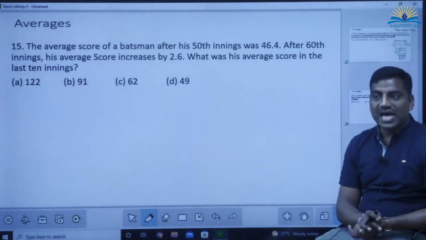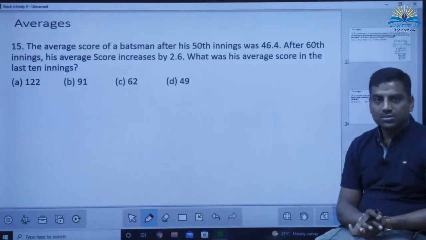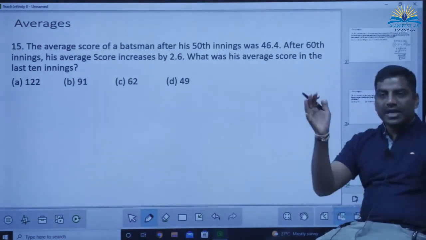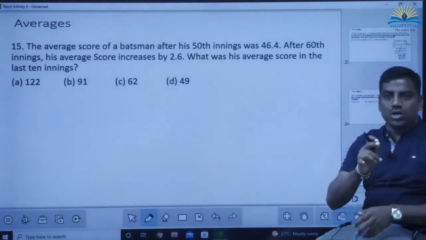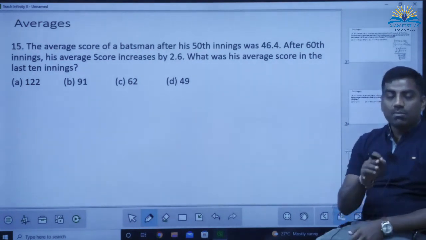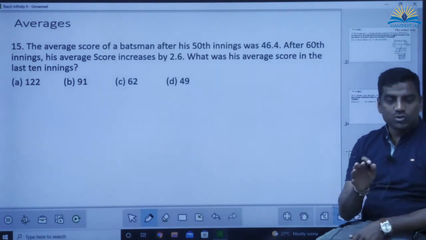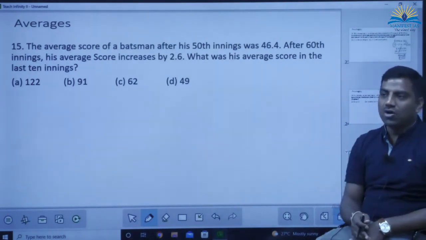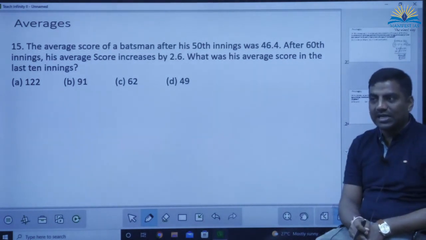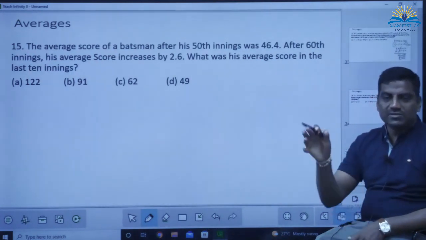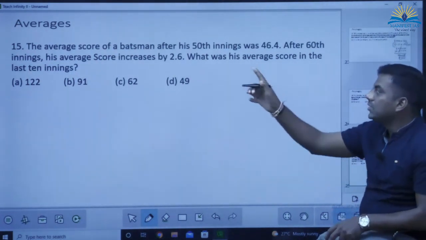They calculate the average of a batsman by writing the total number of runs he has scored divided by the number of times he has got out. But everyone need not be aware of the technicalities of cricket. So that is why take it as a normal average.